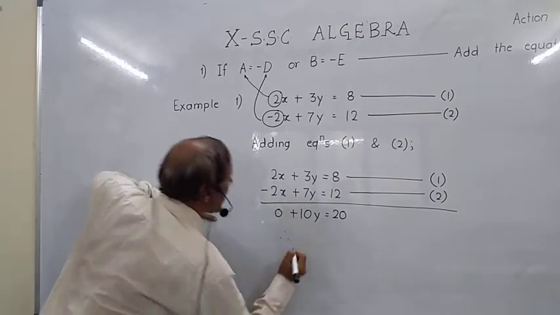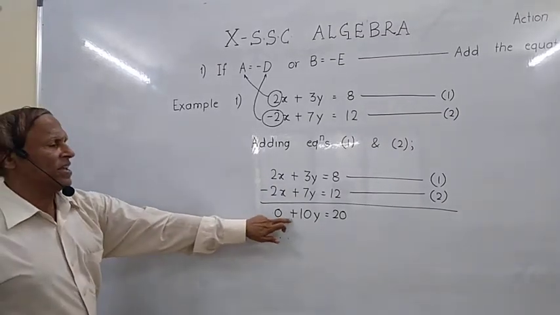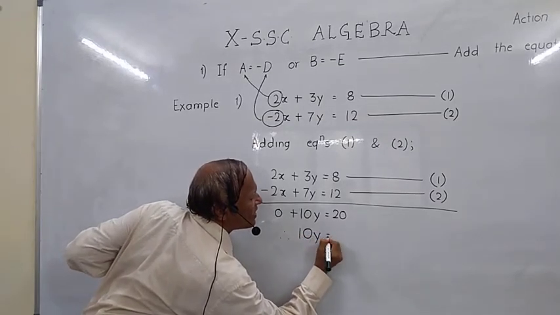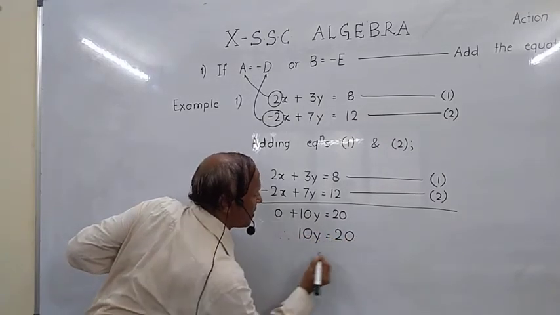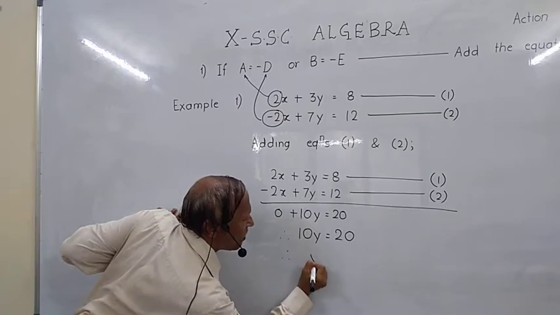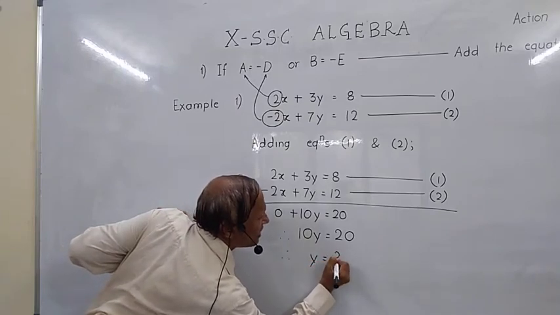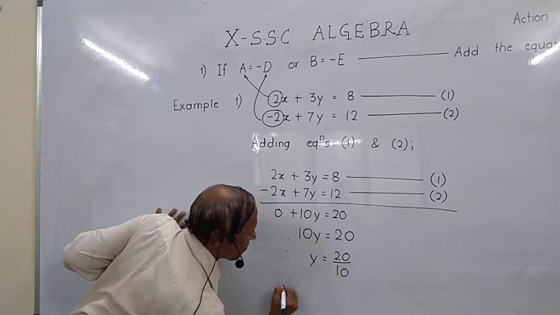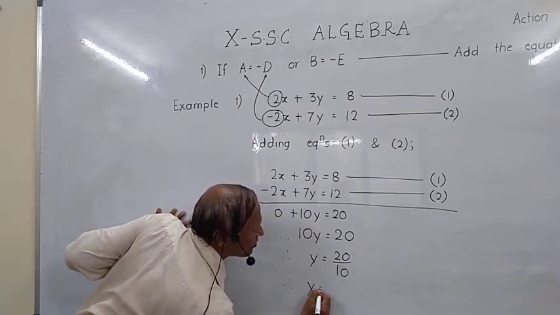Therefore, now you will not write 0 over here. 10y is equal to 20. Therefore, y is equal to 20 divided by 10. Therefore, y is equal to 2.